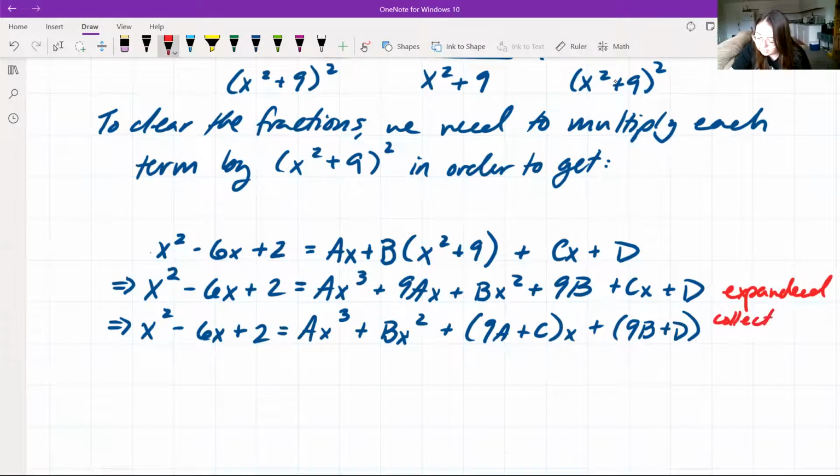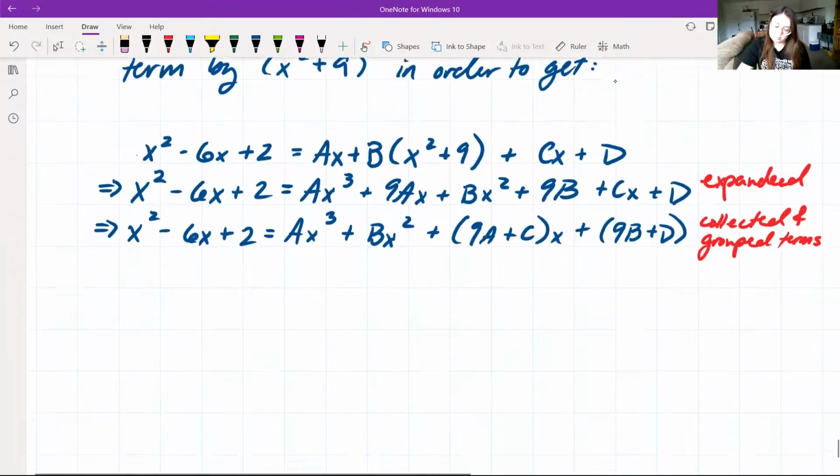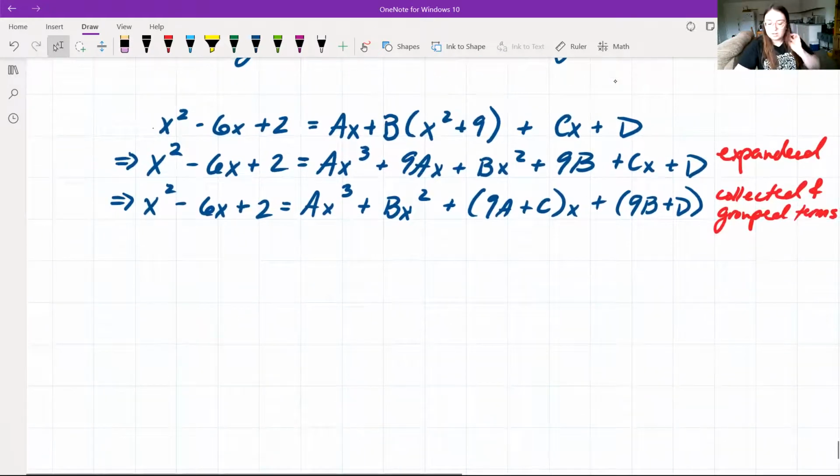And here we collected and grouped our terms together.